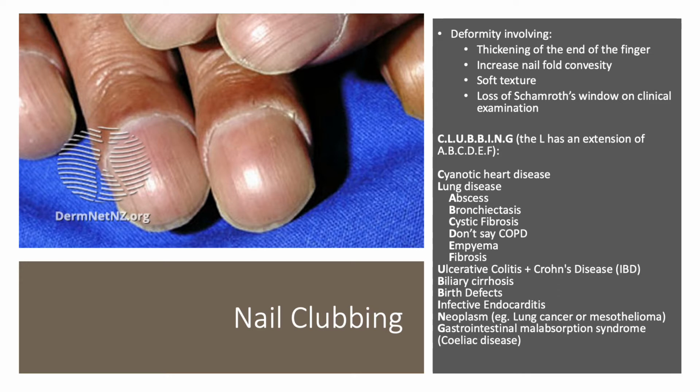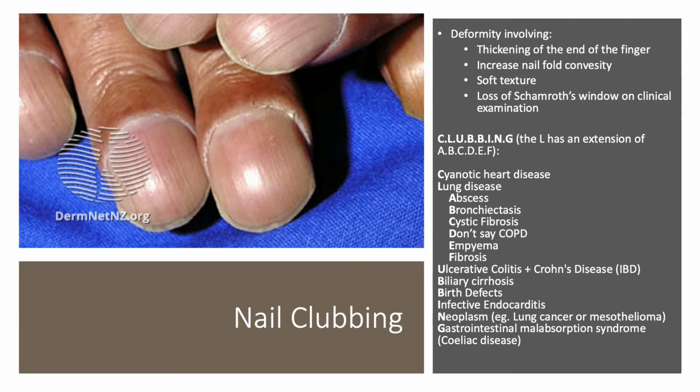That's when you ask patients to put their two index fingers together, and you're looking for a little window, and if that window isn't there, then you can conclude that there is clubbing happening. But usually you could just hold the patient's hands and have a look across, and you should be able to pick up clubbing doing that. You don't necessarily have to use Schamroth's window.